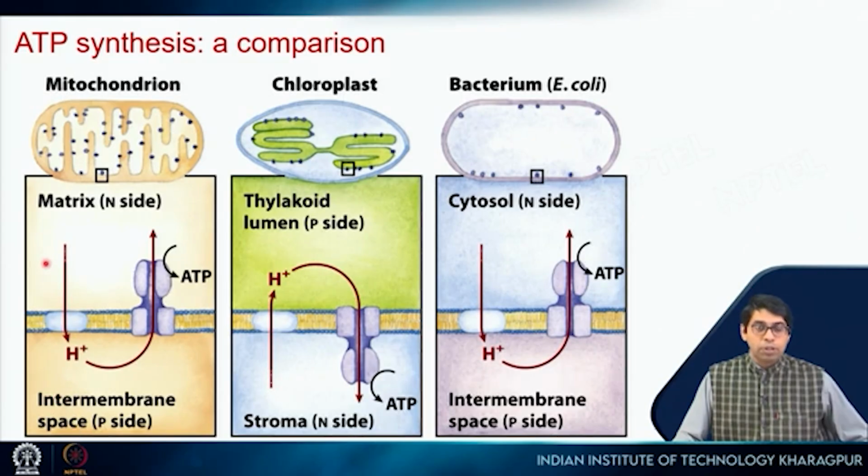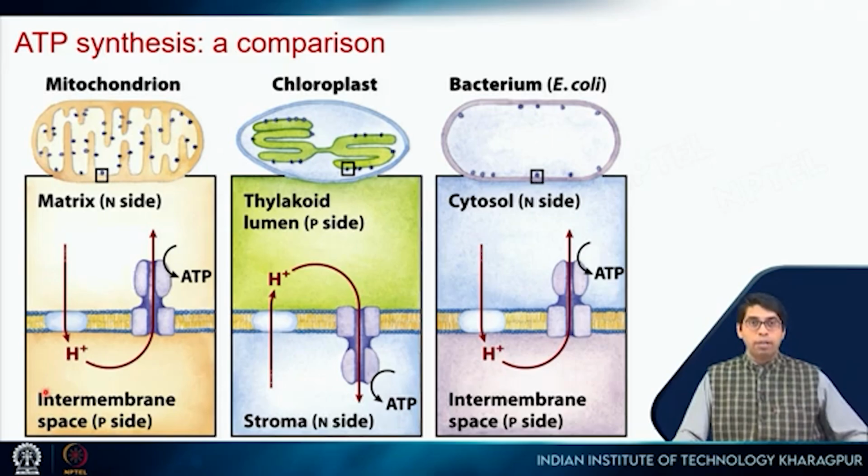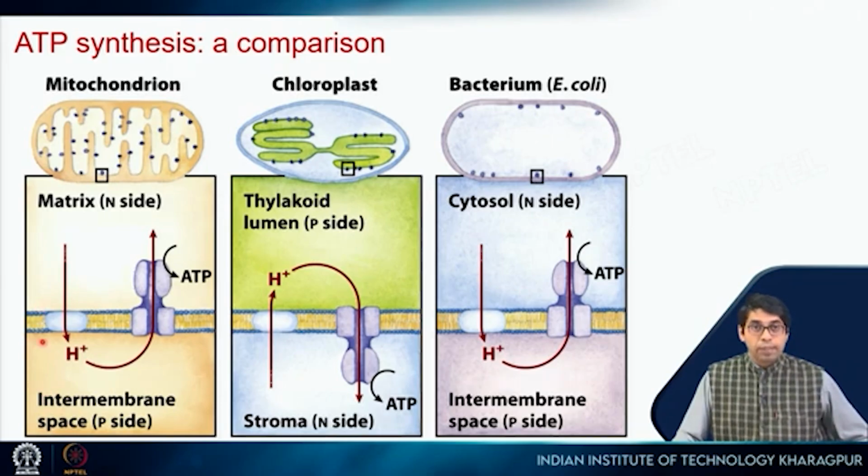Protons are pumped out by these various reactions that we have seen, the TCA cycle and then oxidative phosphorylation, right. A proton gradient is established across this membrane, and when the protons pass through, this is spontaneous because it is flowing along the gradient, and that energy is used to synthesize ATP.